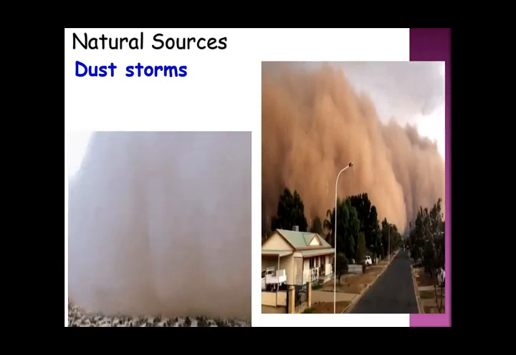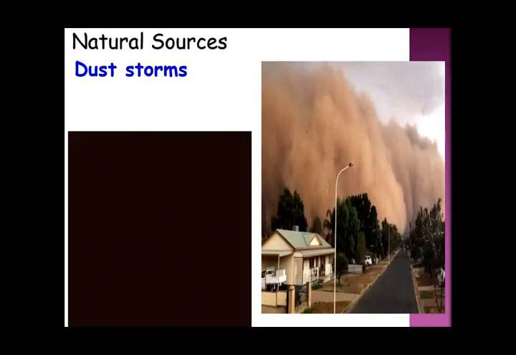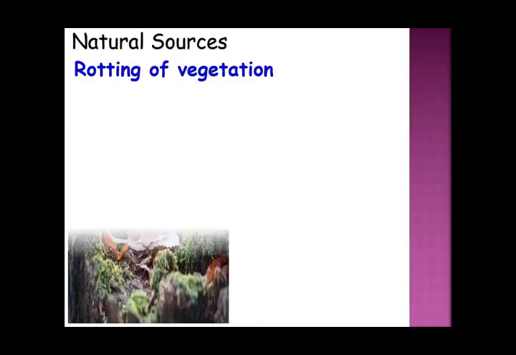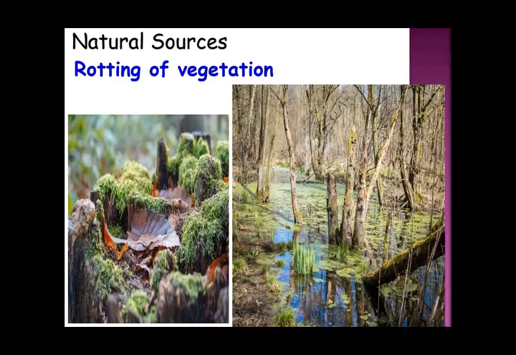So they can irritate the lungs and can cause a number of respiratory problems. Rotting of vegetation: the decay of plant matter, or you can say the decomposition of organic matter, produces a number of gases like methane, hydrogen sulfide, carbon monoxide.